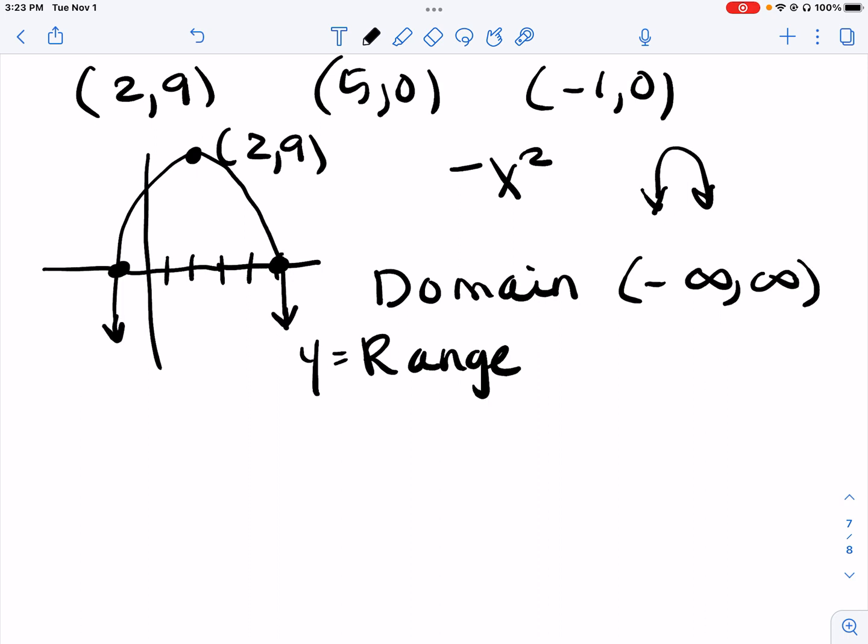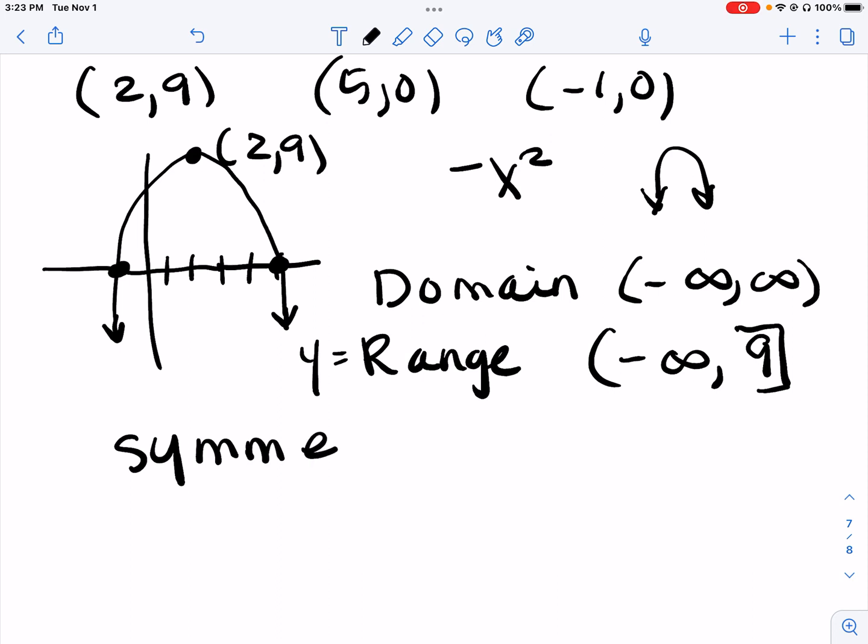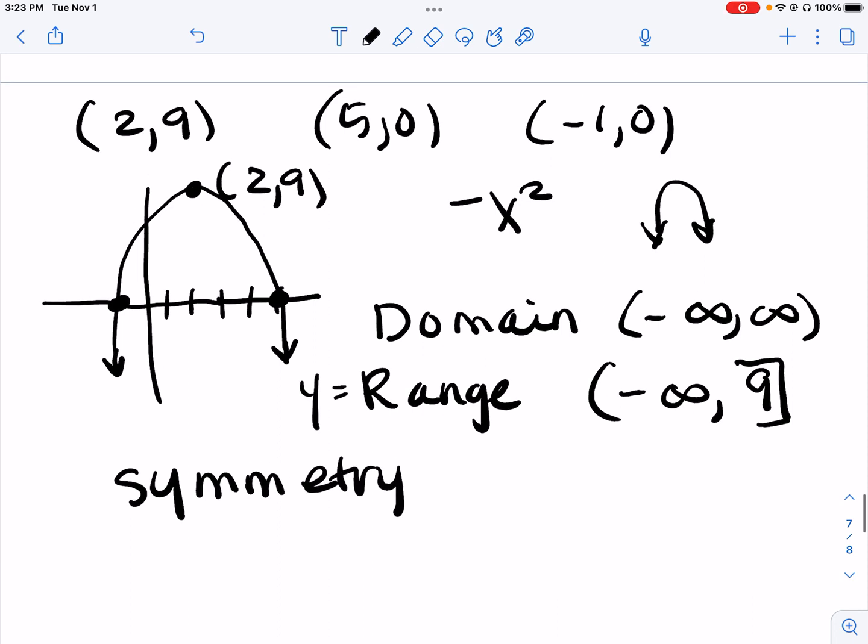They don't have a lowest y value, so we call that negative infinity, but the highest they go is 9. And the axis of symmetry would be where it's symmetric down. It's symmetric at x equals 2.